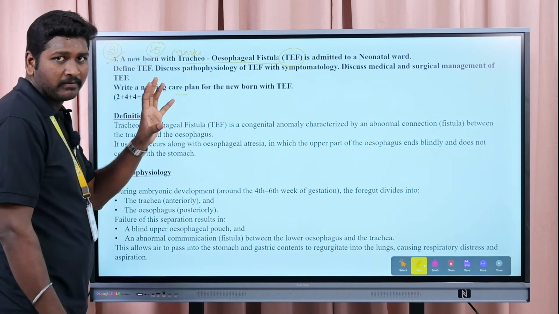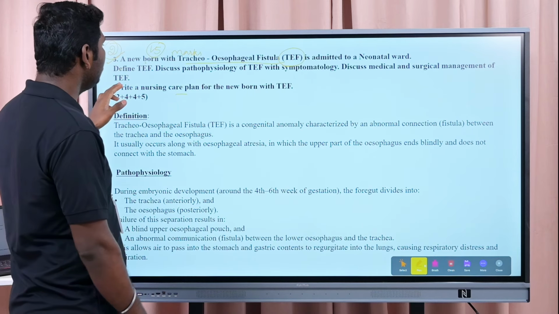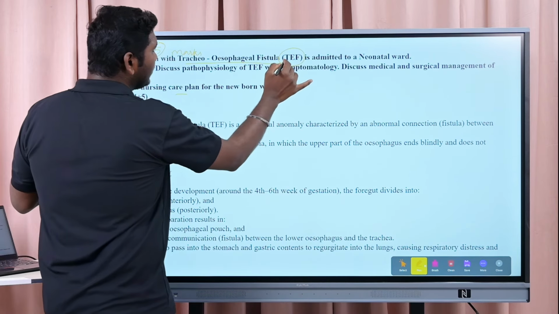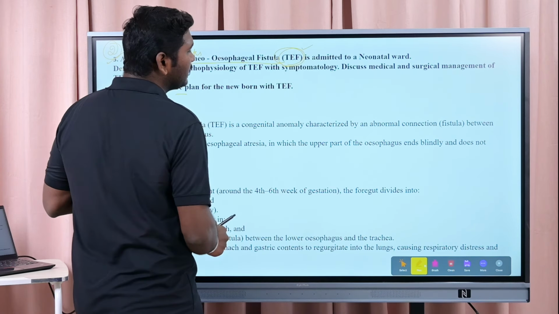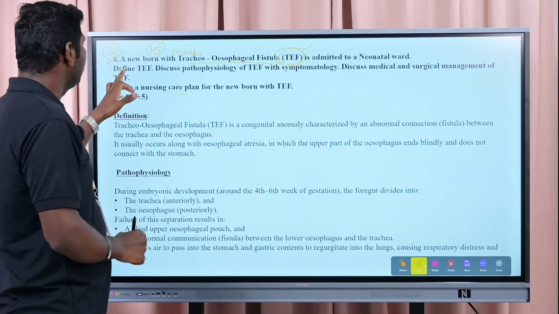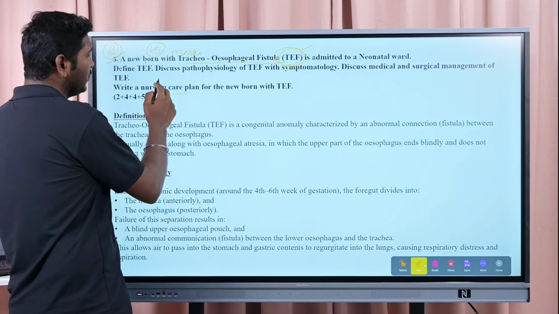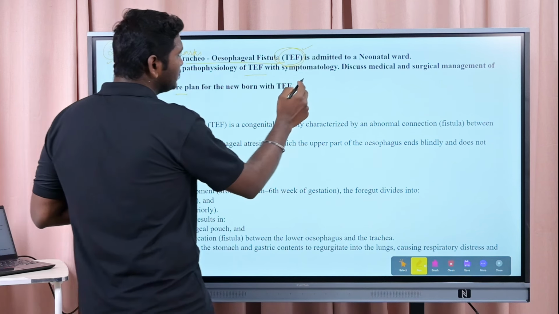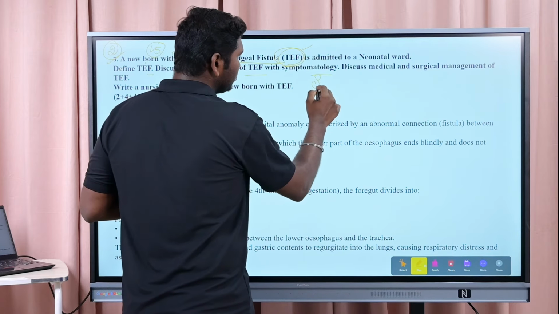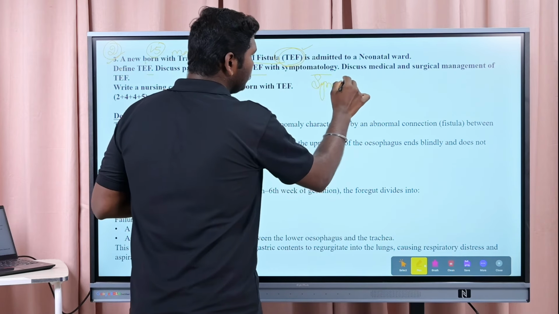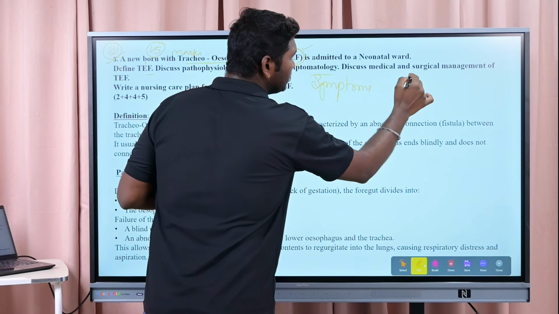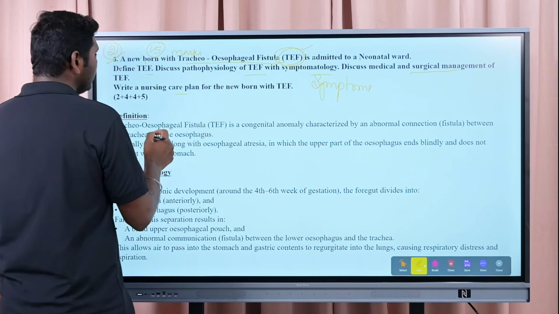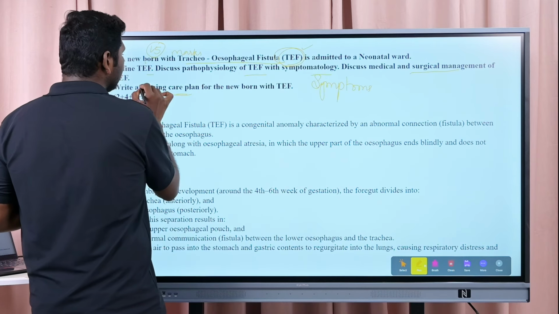This is a kind of case scenario that they have given, but the direct question or concept you can expect is TEF. Define TEF, that is tracheoesophageal fistula, discuss its pathophysiology with the symptomology, that is symptoms, discuss medical and surgical management of TEF, and write a nursing care plan.